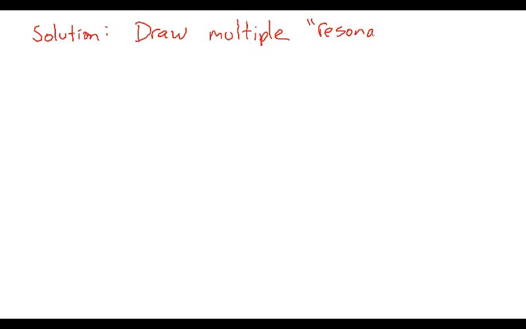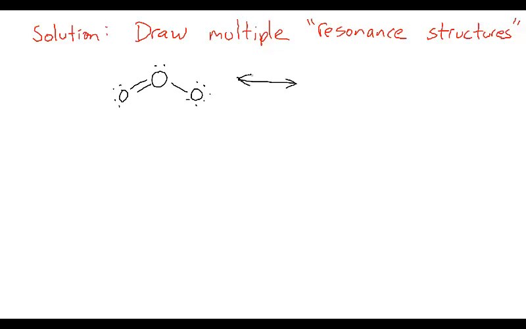So the solution for ozone, what that means is we draw both the original one that I drew and another one, and what we say is neither one of these on its own is a good representation of the molecule.